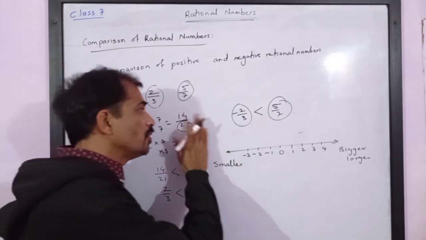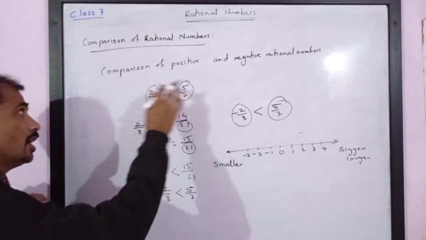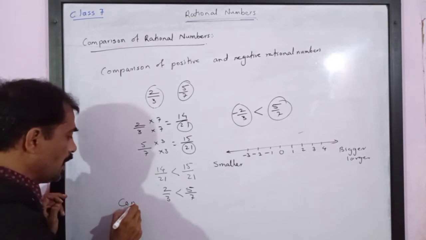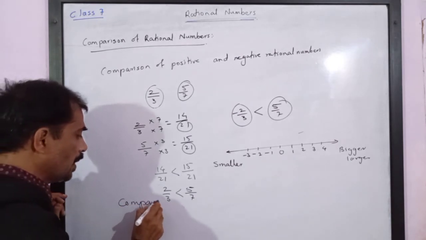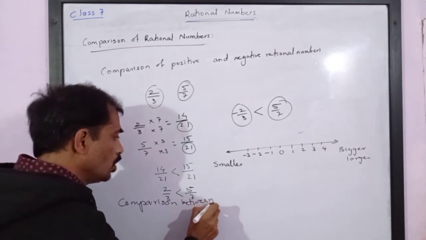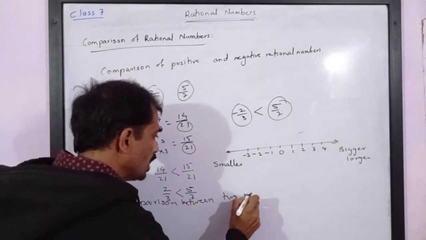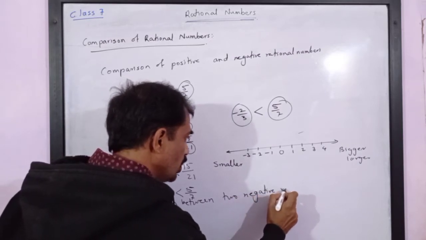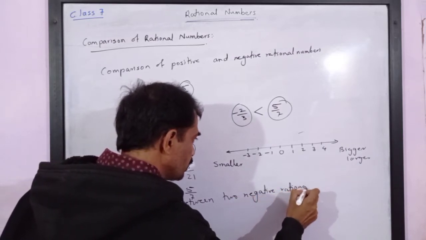Now the third topic is comparison between two negative rational numbers.